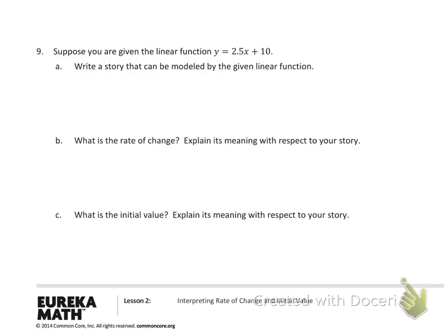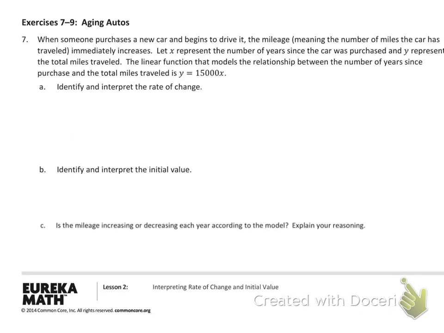You're given a linear function here, y equals 2.5x plus 10, and you're going to write the context. So you're going to write a story that could be modeled by that linear function with a rate of change of 2.5 and an initial value of 10. So look at that one. Oh, I probably gave too much away there. Well, anyway, work on those on your own and then come back and you can check them against the video.